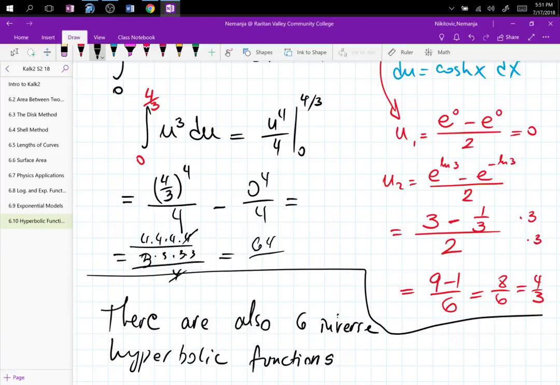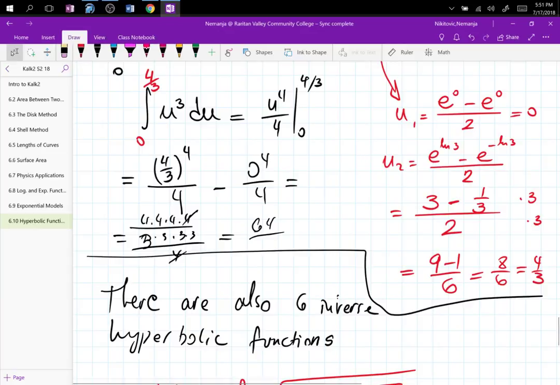So 3, 9, 18, and then 54, right? 27. No, it's 81. I'm looking at the 4s. The 4s are 64. So 64 over 81? All right, good.